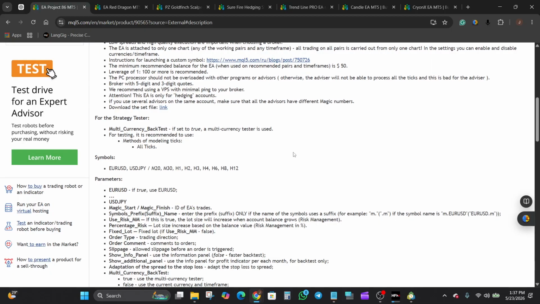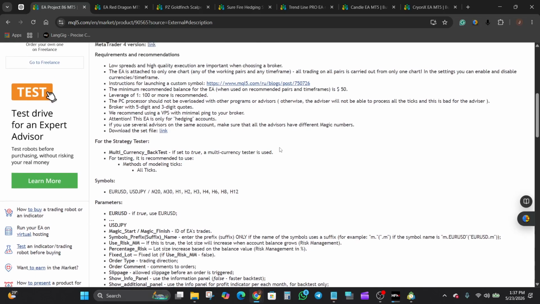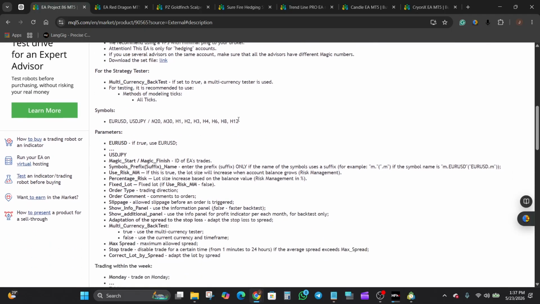The EA is designed to work on multiple currencies from a single chart, and it also allows enabling or disabling specific symbols and time frames inside the settings. Okay, recommended testing includes Euro USD and USD JPY across multiple time frames from M20 up to H12, using all ticks modeling for more accurate results.